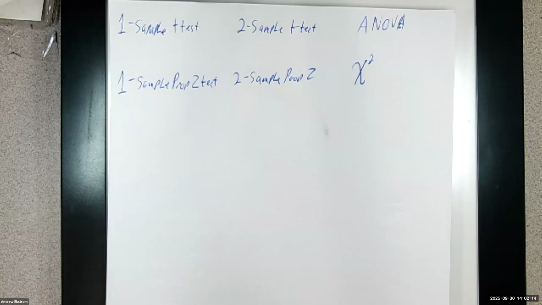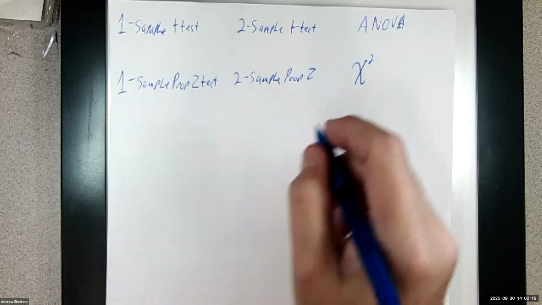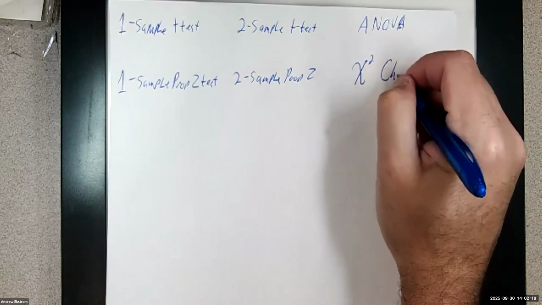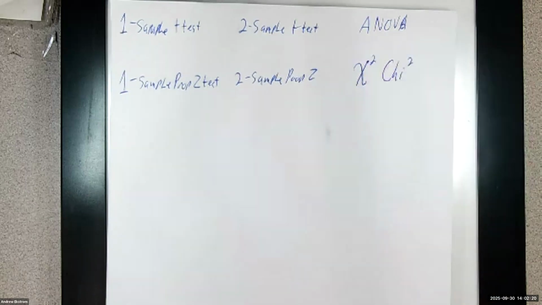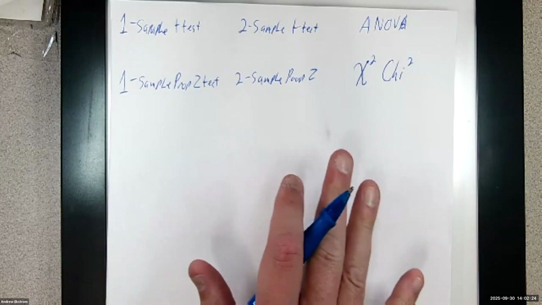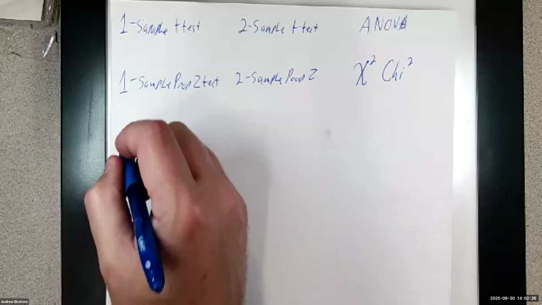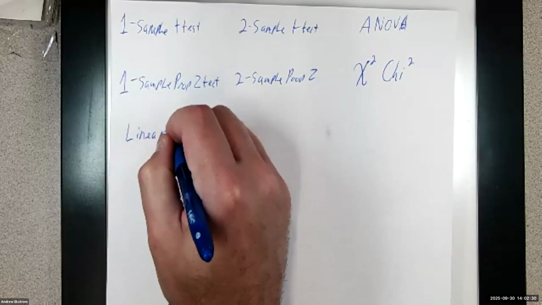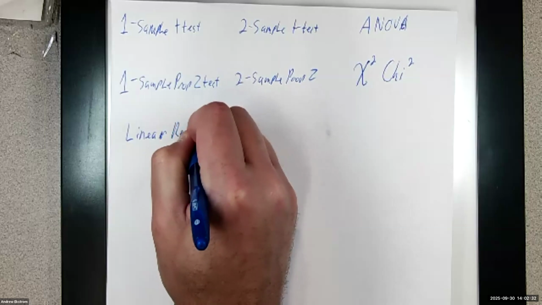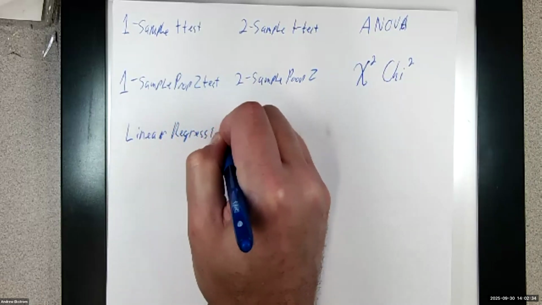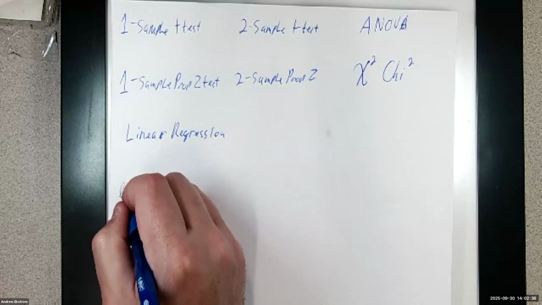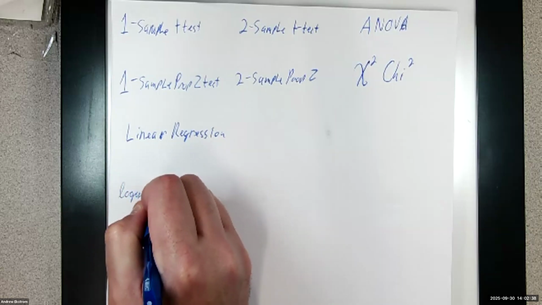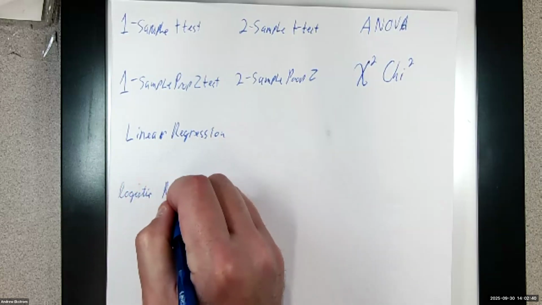And not a chi or a chai. Well, we can call it a chi-squared. Once we've got done with both of those, we can talk about linear regression and then a logistic regression.